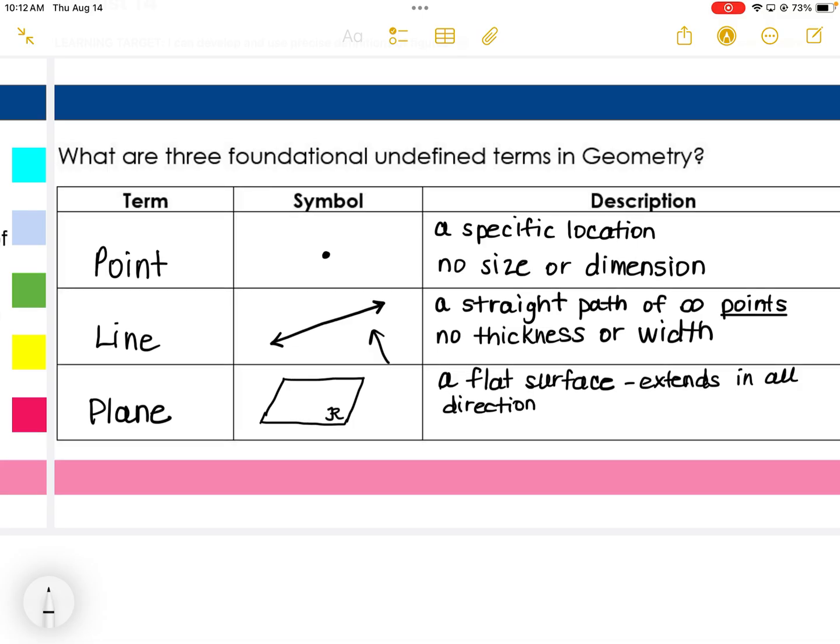And it's not going to have any thickness either, okay? So very interesting descriptions of those things. I hope after our activity with the spaghetti, the index card, and the dot, you have a tangible idea of kind of what they are, okay? Because they're kind of abstract.